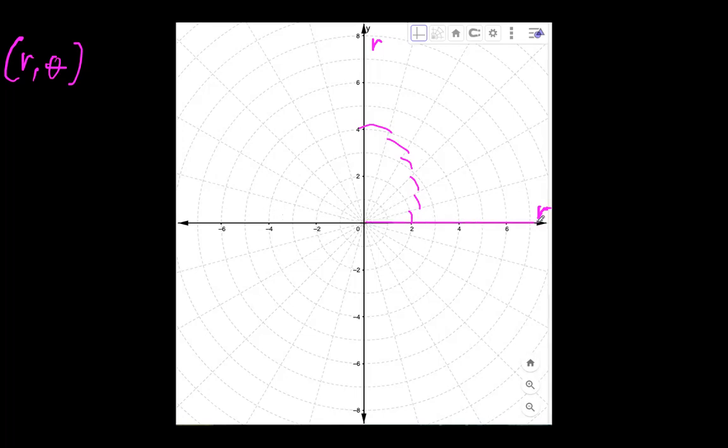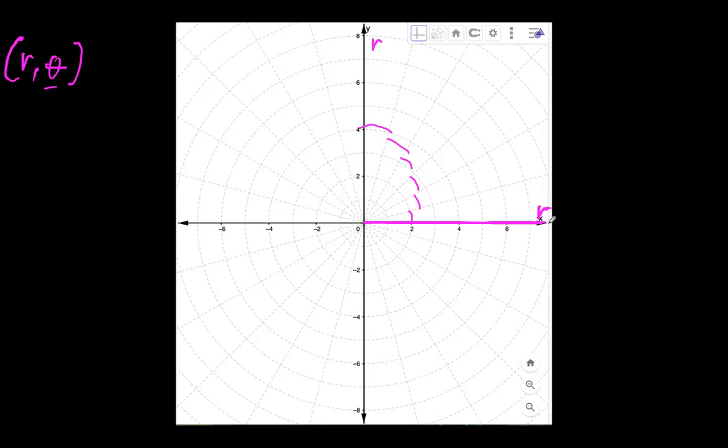Again, this is what we call the polar axis. This is the positive x-axis for the rectangular coordinate system, but for the polar coordinate system, it is called the polar axis. So the angle measures, or the angle theta, will always start from this axis, whether positive or negative.